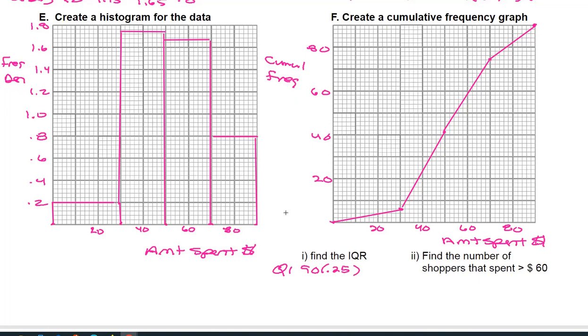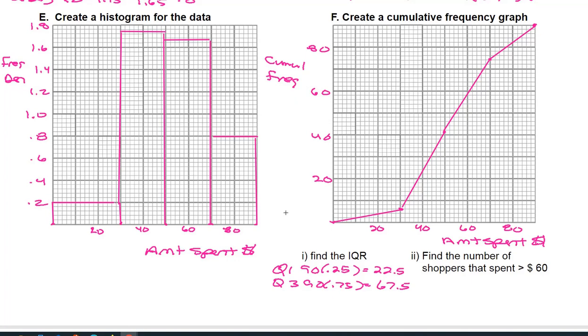And that's going to give me 22.5. And then Q3, that's going to be 90 times 0.75. And that's going to give me 67.5. And mind you, if they had asked for the median, I would just do 90 times 0.5.